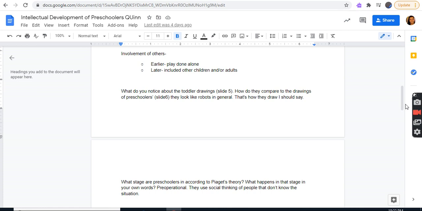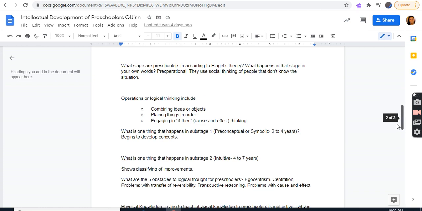Preoperational. They use social thinking about people, even when they don't actually know the situation. Operations or logical thinking include combining ideas or objects, placing things in order, and engaging in if-then cause and effect thinking. What is one thing that happens in substage 1?